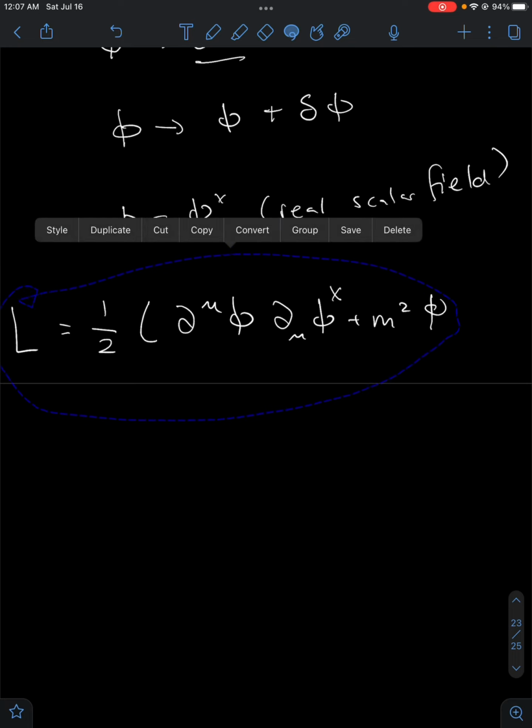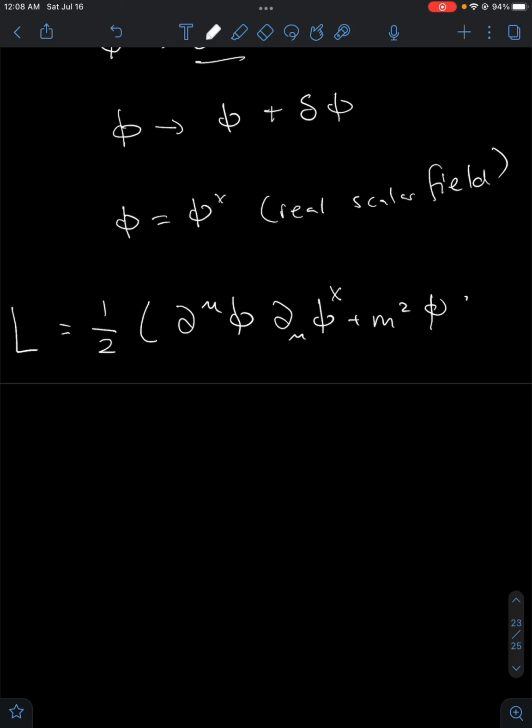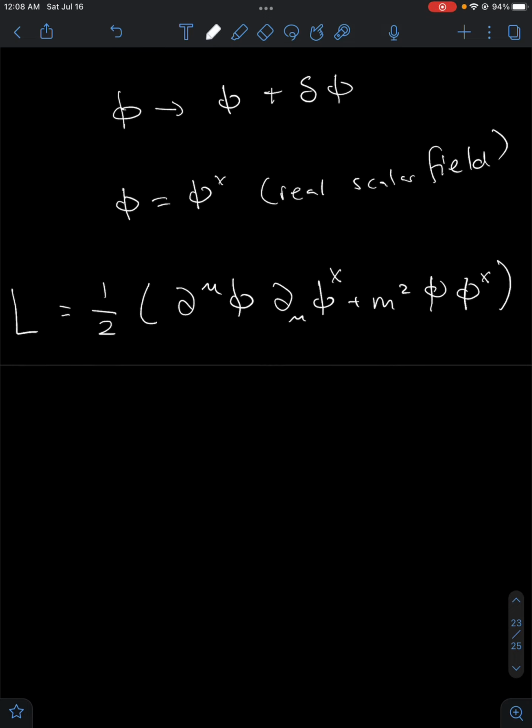This is because whenever we multiply a complex scalar field, we have to take the conjugate. So this is the more correct form of the Lagrangian for a complex scalar field, since we have explicitly added that complex conjugate.